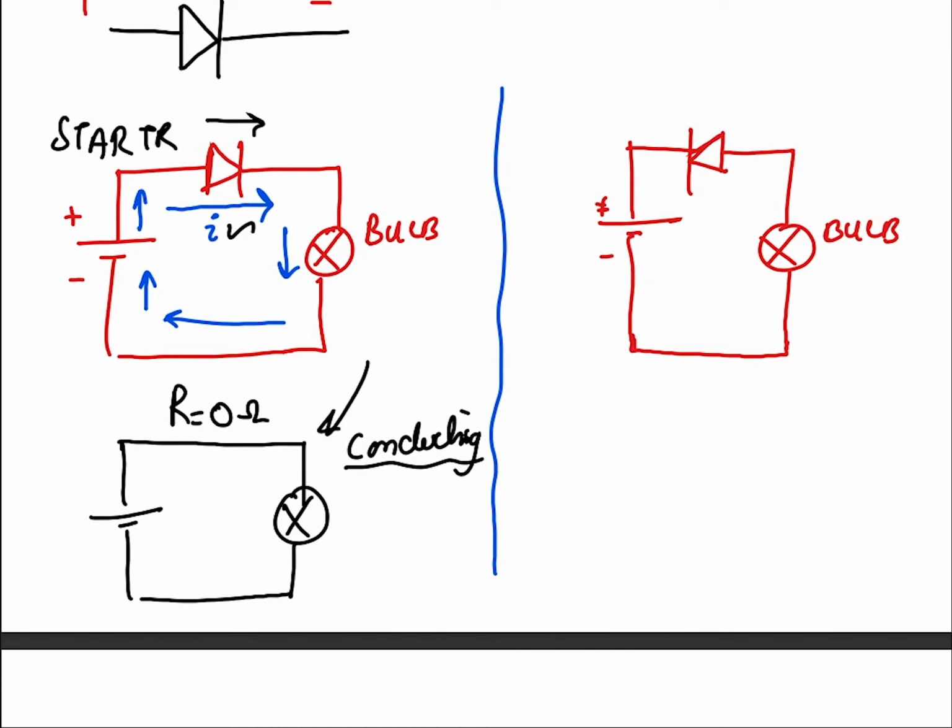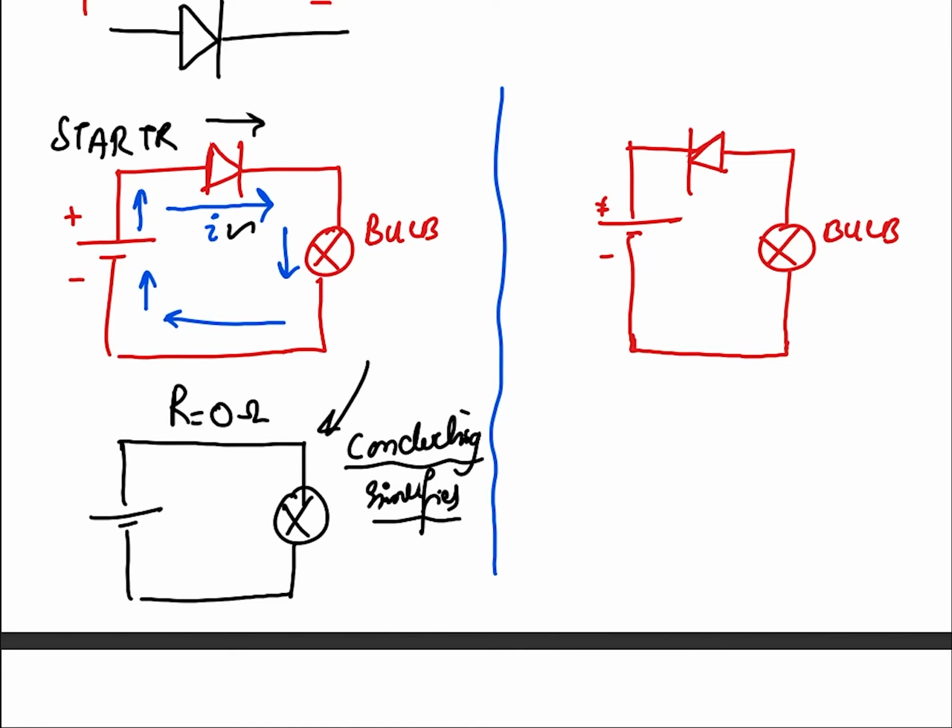It's not going to take any energy away from the circuit. This is what it simplifies to: it feels like the diode was not a part of the circuit to begin with, because it has so little resistance if the conditions are favorable.